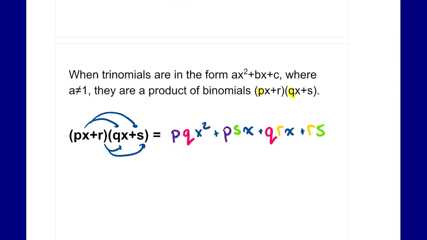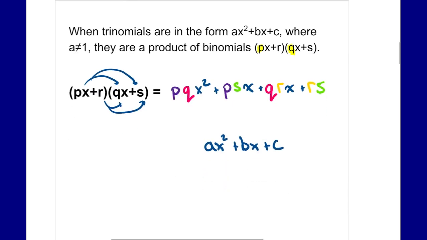So where do these components come from when we're looking at our general form, ax squared plus bx plus c? Well, we should remember from before, the two middle terms are going to add together to make our bx, or b.